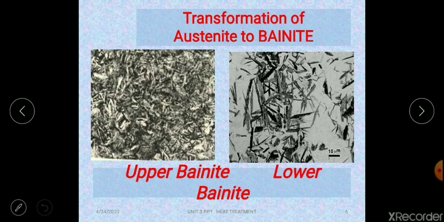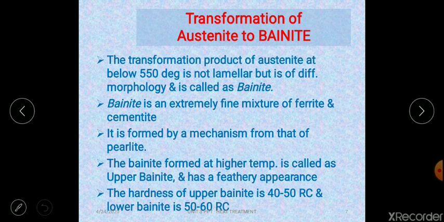Now, the second product of austenite is bainite. So when do we get bainite? Bainite is classified into two parts. First one is upper bainite and second one is lower bainite. Upper bainite has a needle type of crystal structure, whereas lower bainite has an acicular type of crystal structure. Now, how does this transformation start?